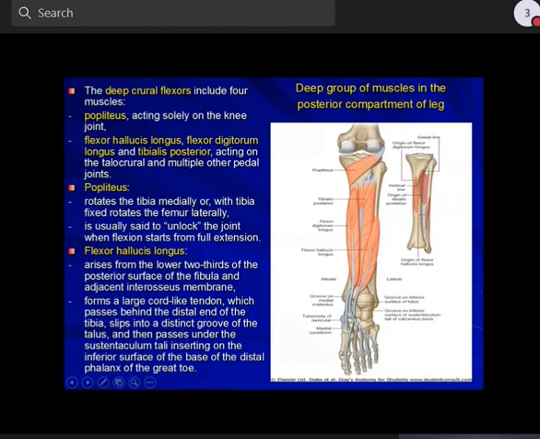Because of this, in the sole, two tendons cross each other. Flexor hallucis longus is more superficial. This is the so-called plantar chiasm or plantar chiasma.